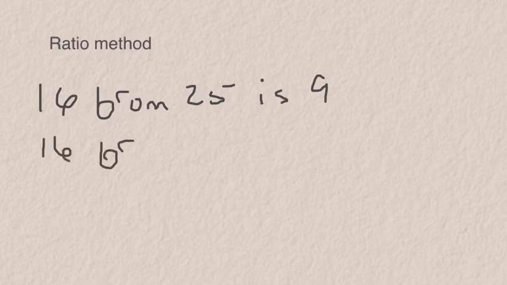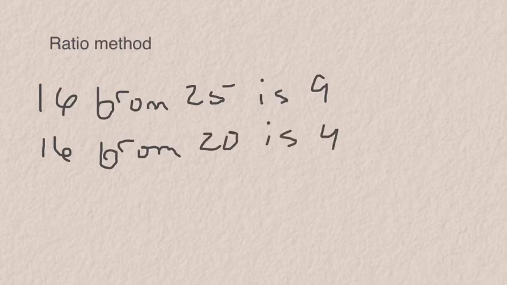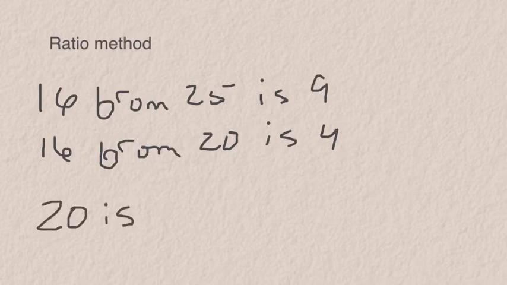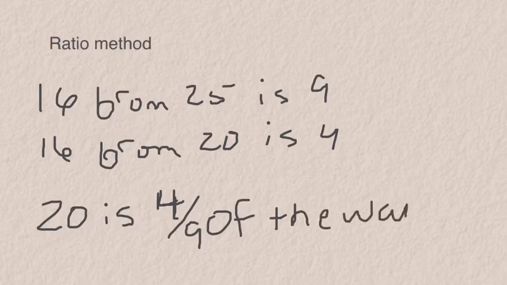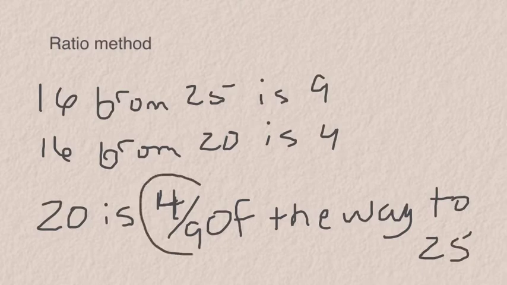So 16 from 20 is 4. So what we can say here is that 20 is 4/9 of the way to 25. So that's going to be the ratio that we use, or the fraction.